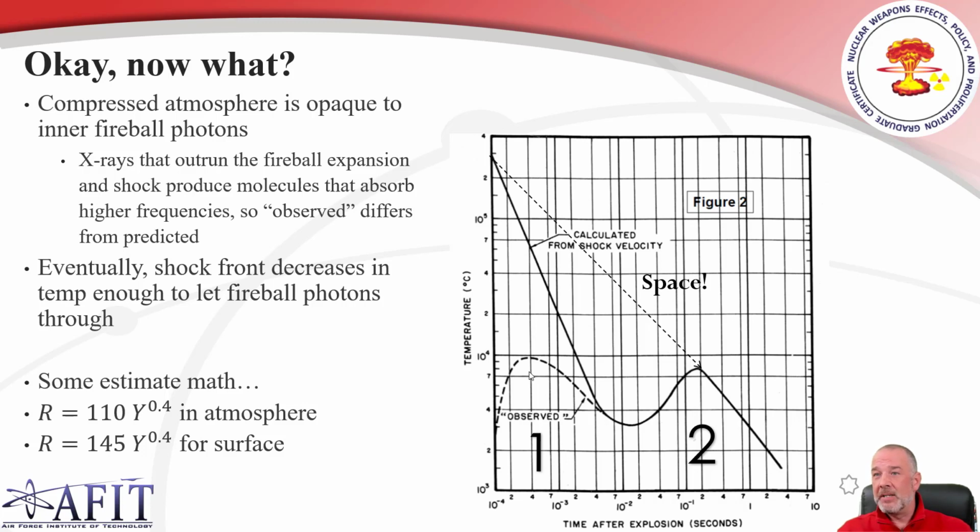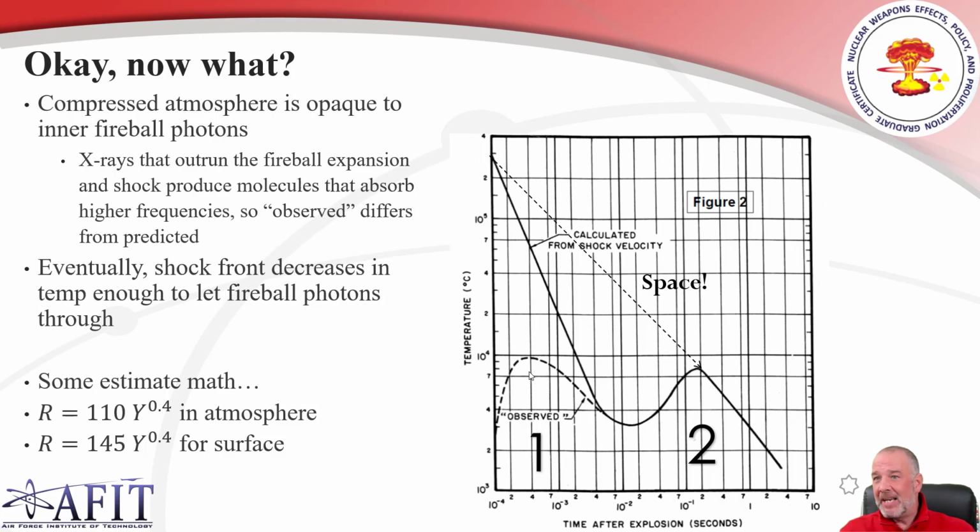Those UV photons are extremely highly absorbed by these molecules that exist in the atmosphere, but that we've also created as well. And moving down, as these high energy photons start interacting with the atmosphere, we don't see them because they're either scattered away or absorbed by molecules that existed and were created by the high energy X-rays that outran the shock wave.